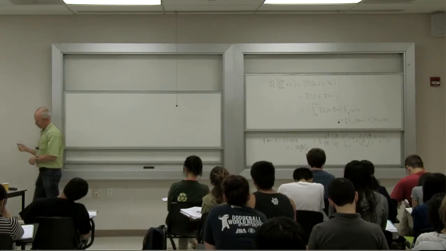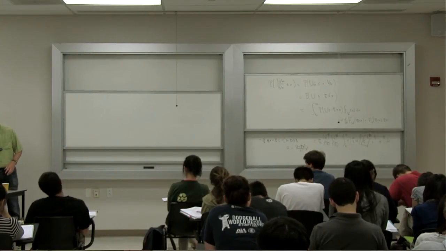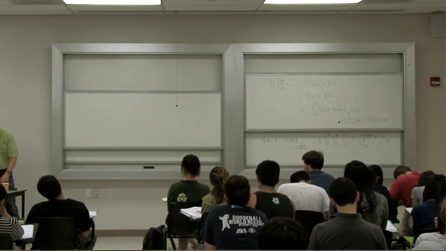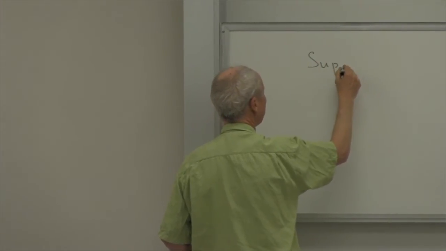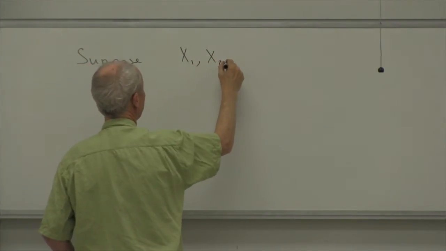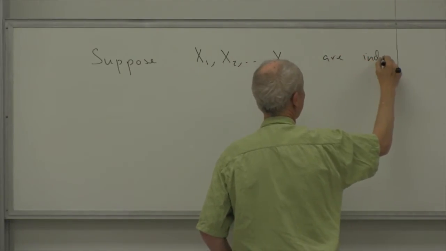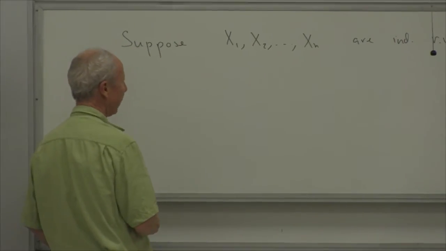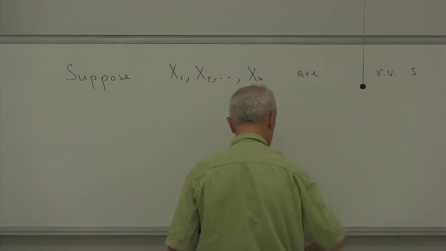Okay, so let's consider the following. Suppose x1 through xn are random variables. Well, for now, I don't need independent.